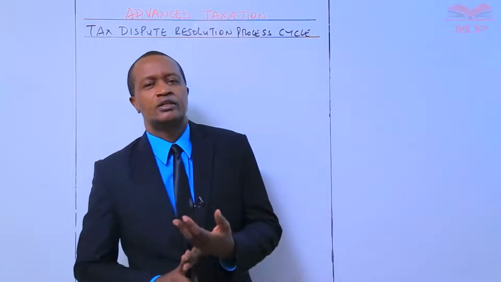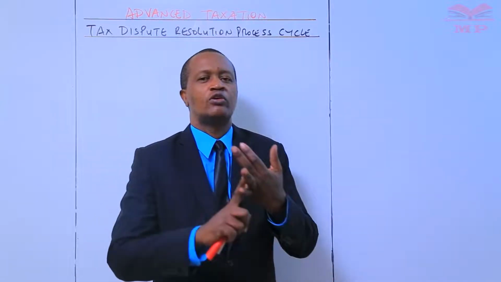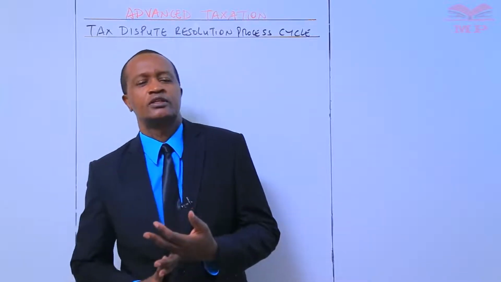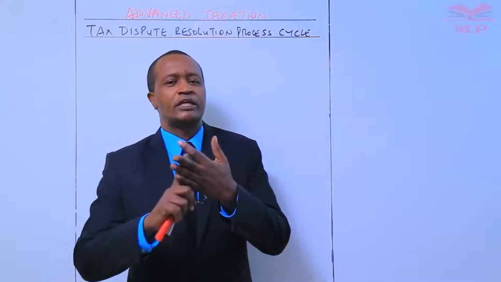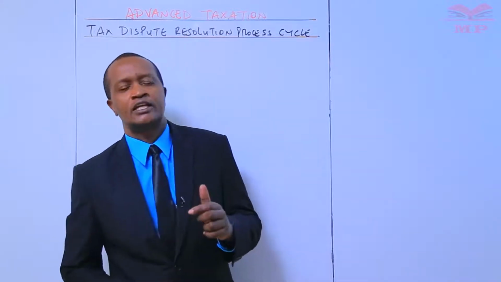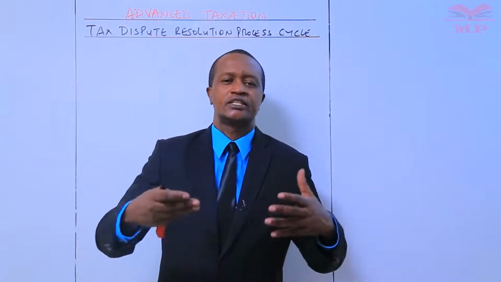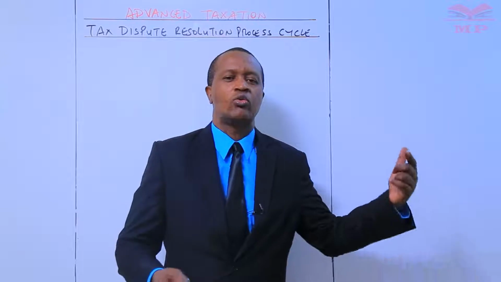We also examined the independent review of objections. We outlined number four, the parties to an objection. Then lastly, we discussed how the IRO works.